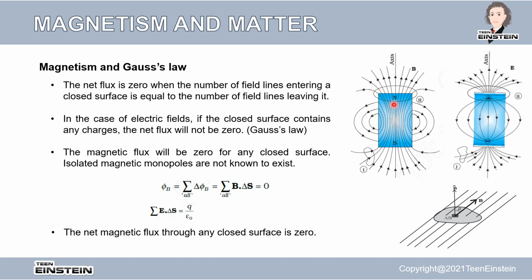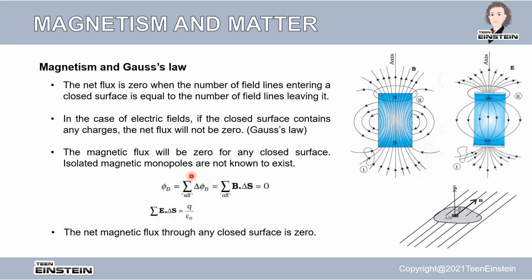So the number of field lines coming in is equal to the number going out, and the net flux is going to be 0. This is very different compared to the electric field case, because for electric field lines the flux need not always be 0, but in the case of a magnetic field the flux is always 0. So the magnetic flux will be 0 for any closed surface.